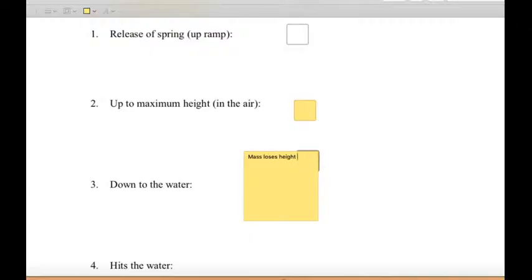And again, that gain in speed is only from the vertical direction, because our horizontal speed is constant. So we're losing height, but we're gaining speed down, right? Energy is a scalar, it doesn't matter what direction that speed is in, right? It'll still be a gain in kinetic energy.